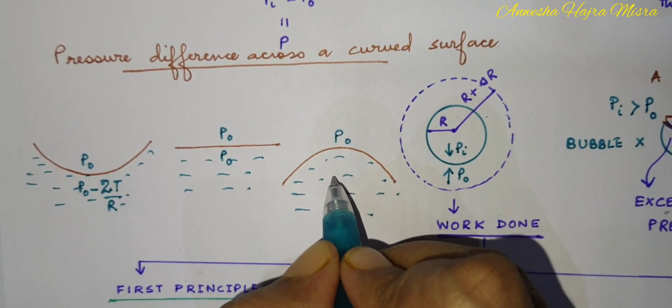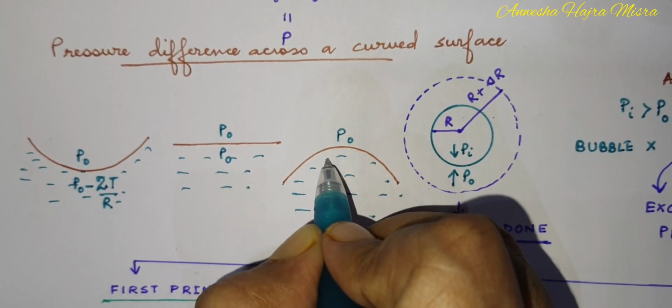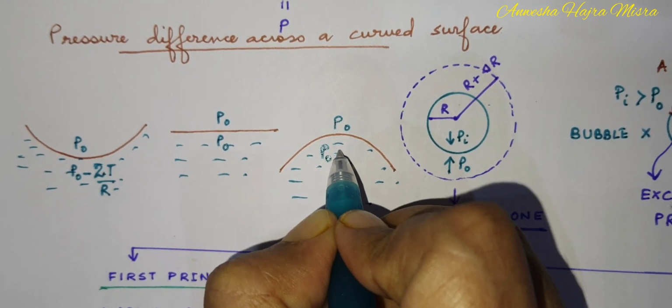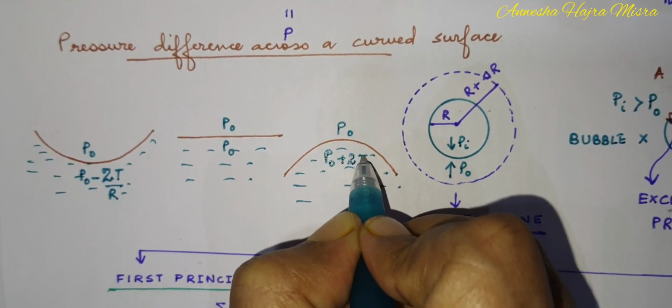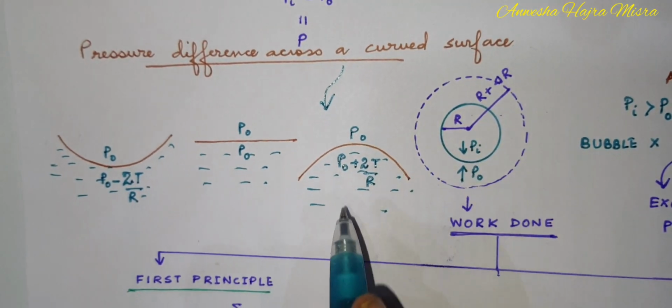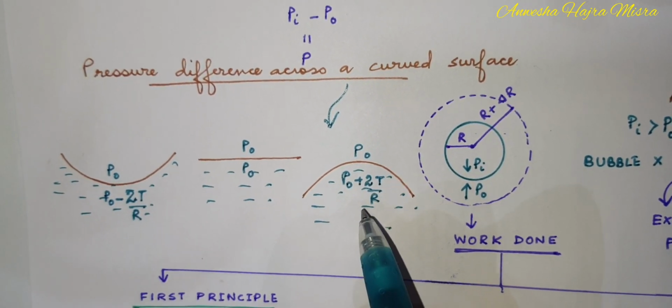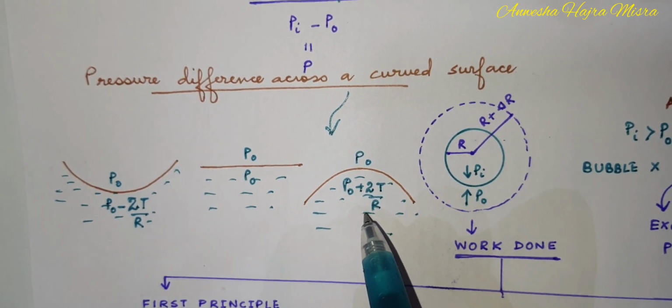Here this side has moved inside, so this pressure will be more. Outside is atmosphere, so inside the pressure will be P0 plus 2T by R. So when you have a curved surface, you can calculate the pressure on both sides, since the excess pressure is 2T by R.